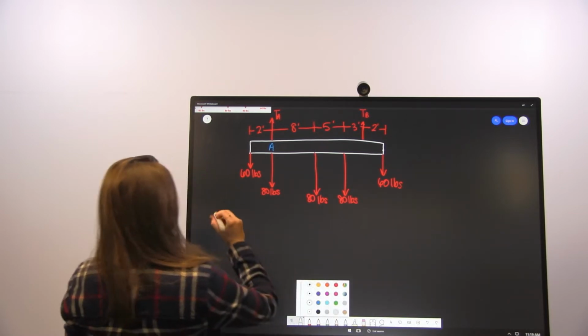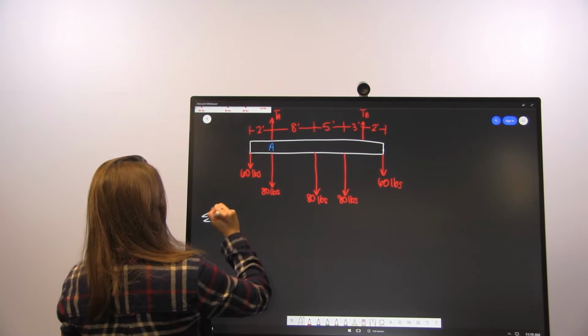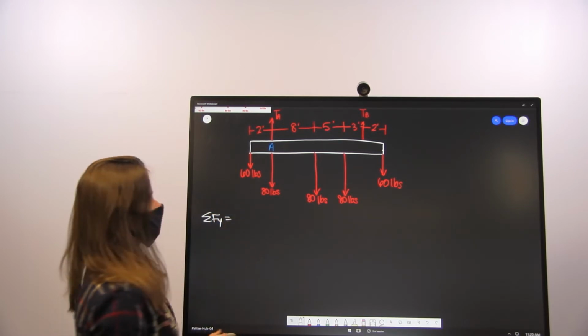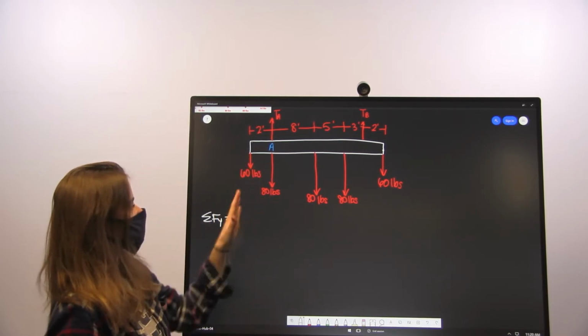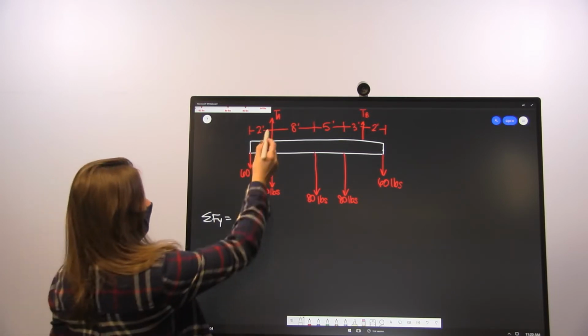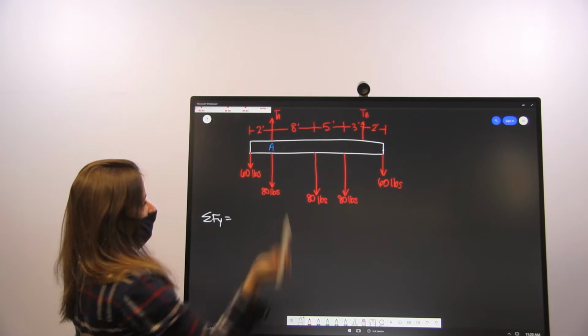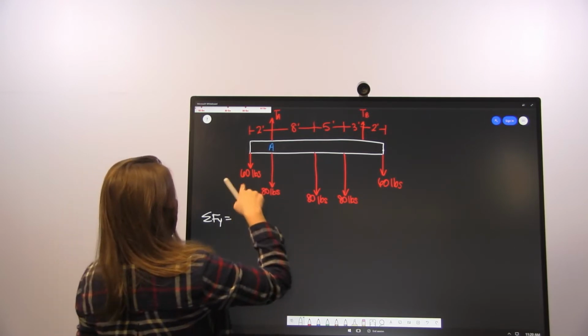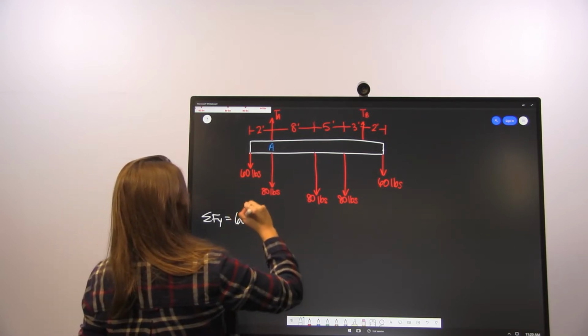We're going to start with the net forces in the y direction, and that's just pretty simple. We're just going to take all the forces that are pointed up or down, and we're going to either add them if they're pointed up, like the tensions, or subtract them when they're pointed down. So we're going to start off over on this side, 60 pounds.